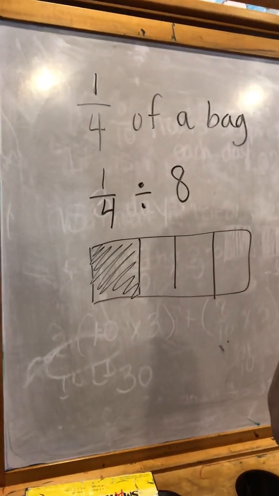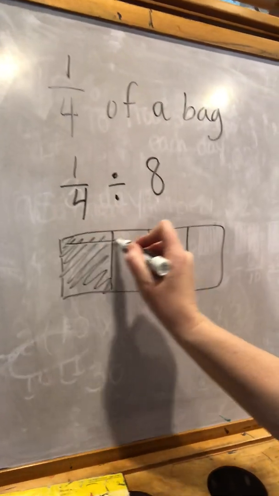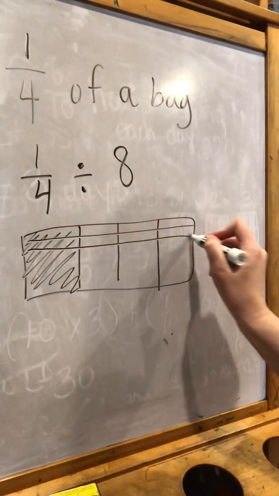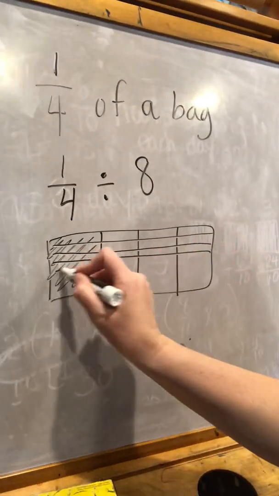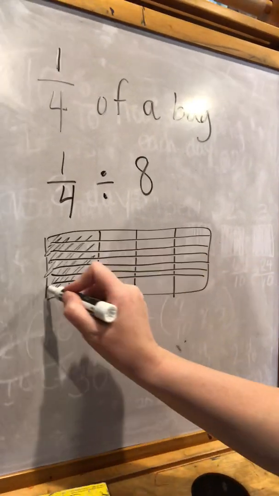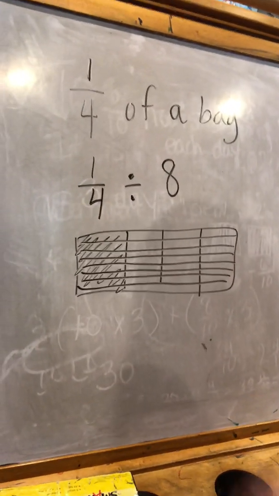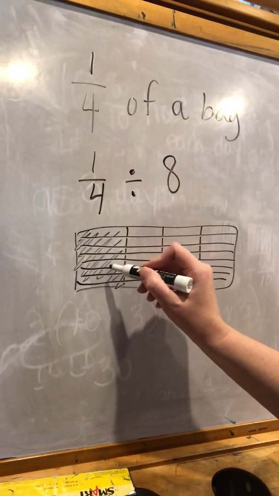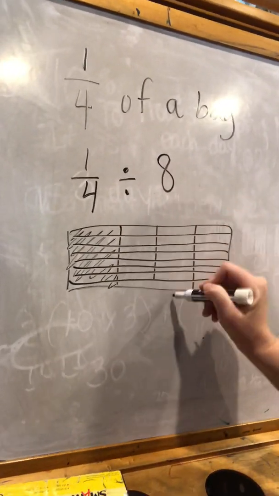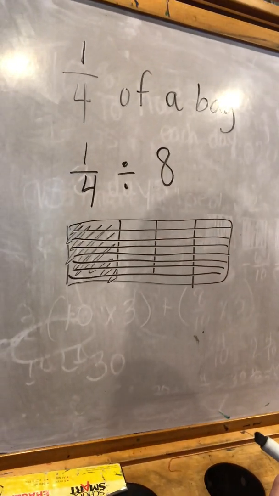So in my head, I'm trying to think about, what if I were to divide this bag again, only this time it's going to be divided much further, isn't it? 1, 2, 3, 4, 5, 6, 7, 8. So each of those fourths were divided into an additional 8 parts.